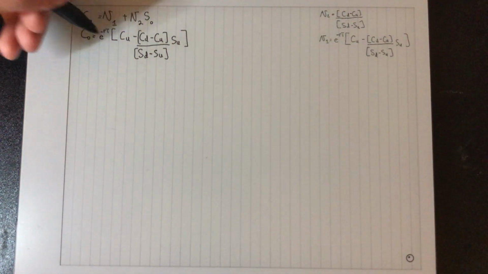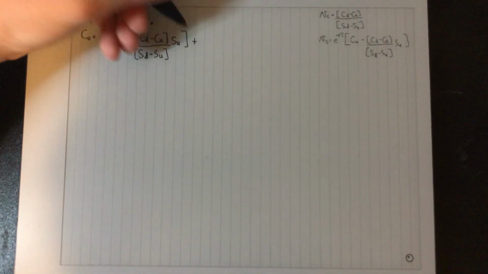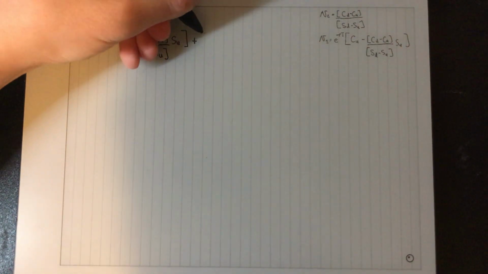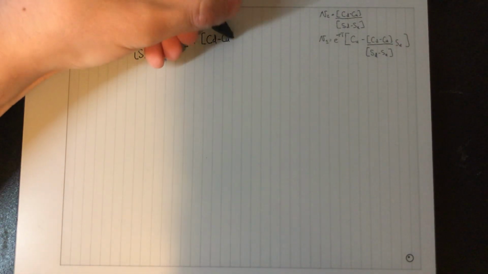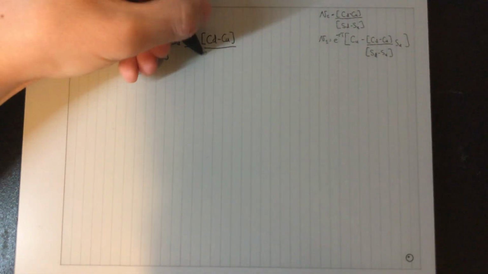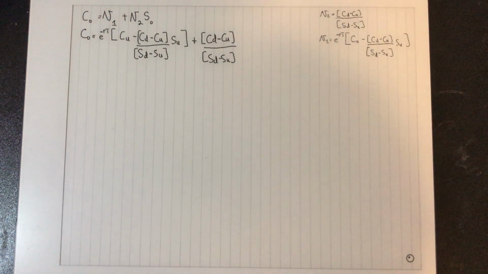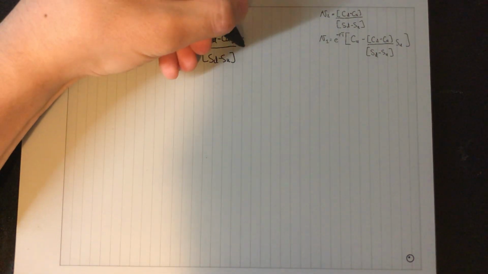This is what n1 is. Let me just double check in case I missed something. Okay, and then we have n2, which is cd minus cu multiplied by S0.